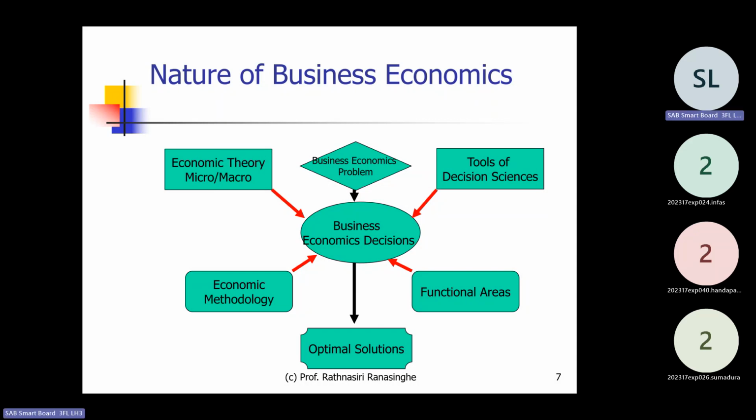Sometimes you need to forecast things. Therefore, you have to use economic methodology to come up with a decision. Finally, you come to the optimal solutions for those problems. That is the subject area, the scope of business economics.